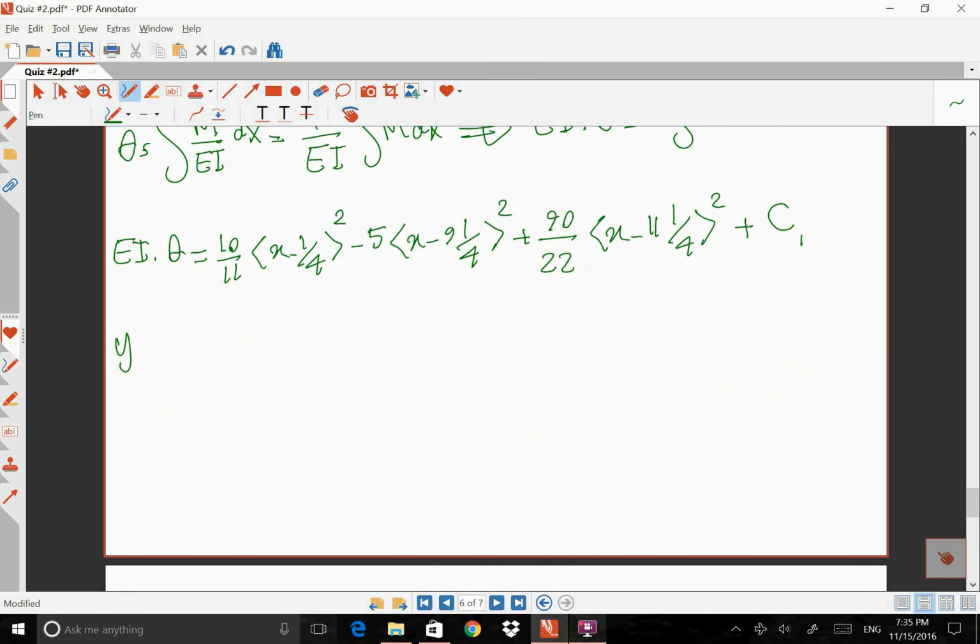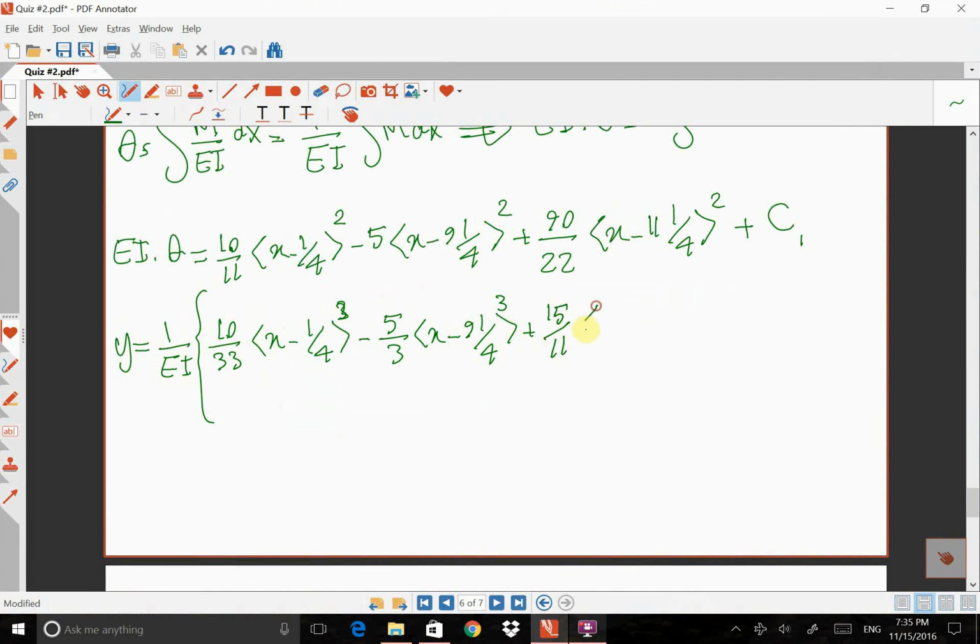So I'm going to find the deflection, which will be 1 over EI times the integral of this part, which will be 10 over 33 times (x minus 1 over 4) to the power of 3, minus 5 over 3 times (x minus 9 and a quarter) to the power of 3, oh sorry, this is 3, this is 3, plus 15 over 11 times (x minus 11 and a quarter) to the power of 3.